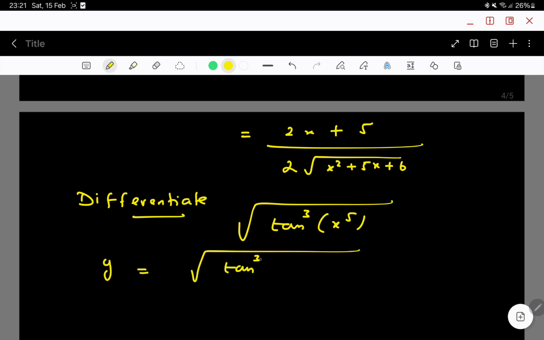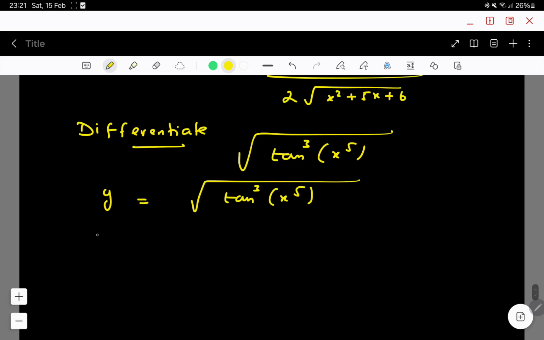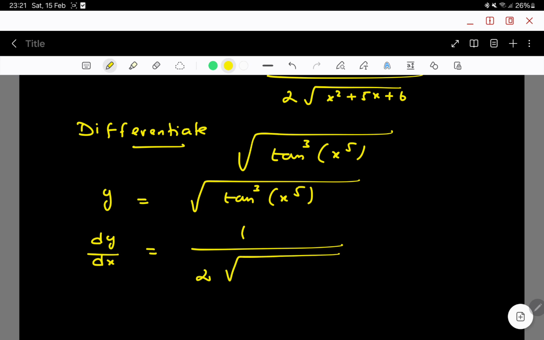So y equal to under root of tan cube x power 5, so dy by dx equal to 1 by 2 times under root of tan cube x power 5, into d by dx of tan cube x power 5.